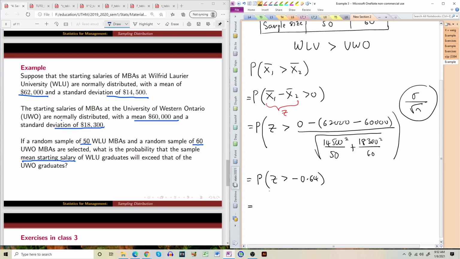Now once you get Z greater than negative 0.64, you do the normal lookup. I suppose you guys know how to do this.